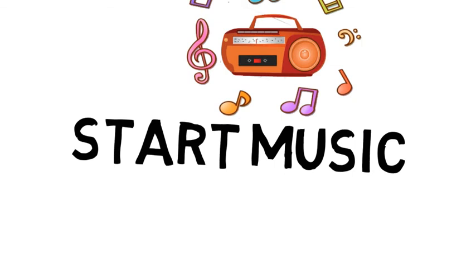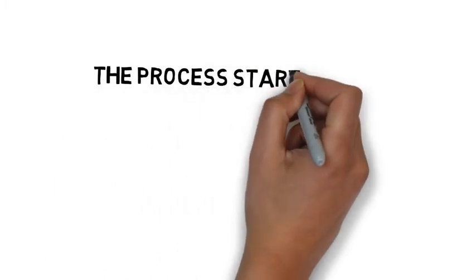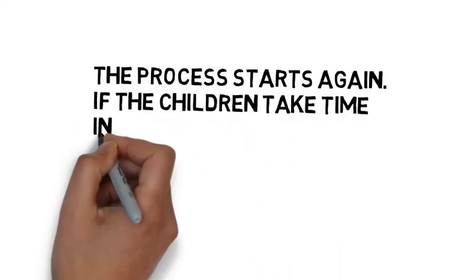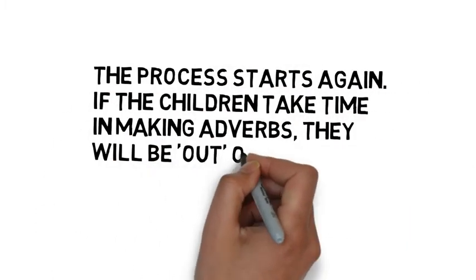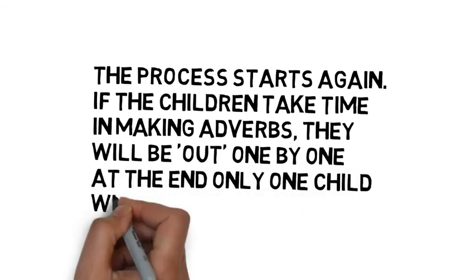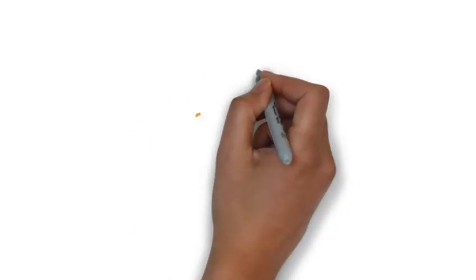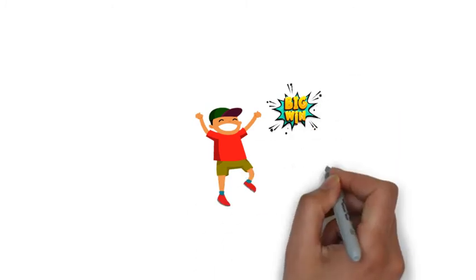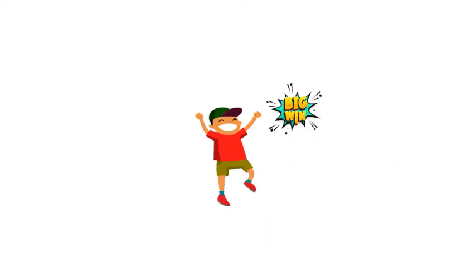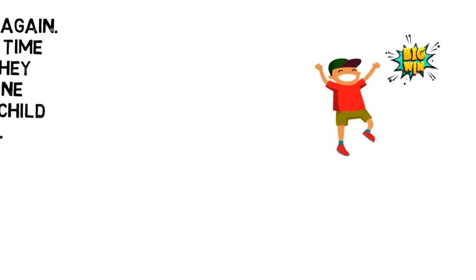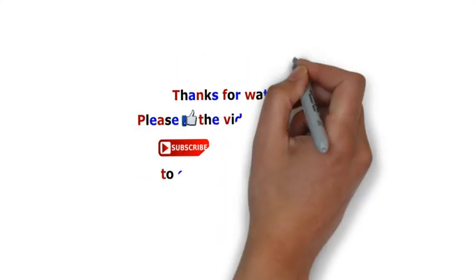Just imagine this one person will have been listening to all the different types of adverbs being made in the entire game. So see how much knowledge and how many ideas he will be able to pick up. And that will be the winning moment. So the winner will not only win the game, he will get a lot of knowledge.